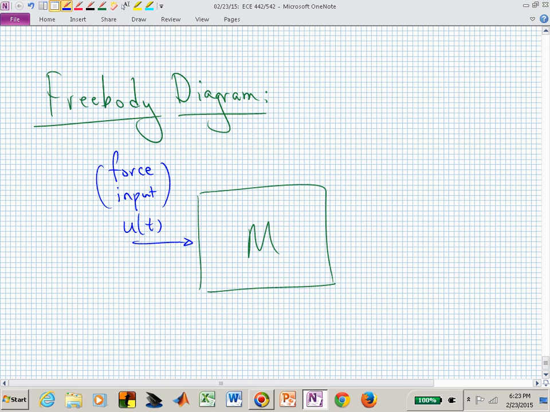There's our force input. Let's say this is where we've drawn a line in the sand or on the ice rink and said, here is 0, here's our origin, and we want to know what is capital G of s.